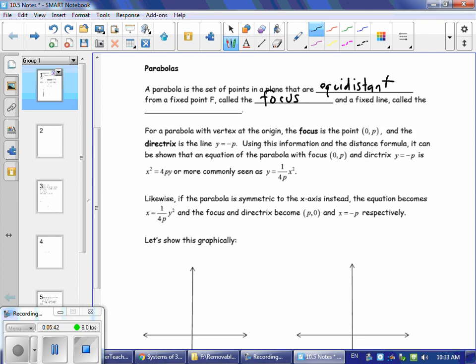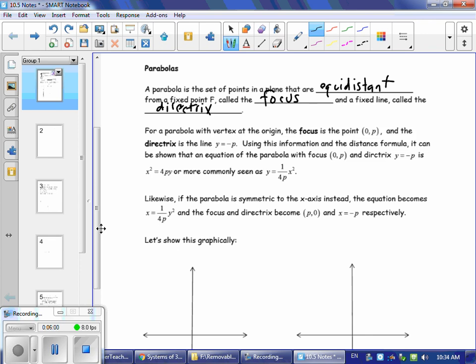And a fixed line, which is called the directrix. Apologize for my awful penmanship there.